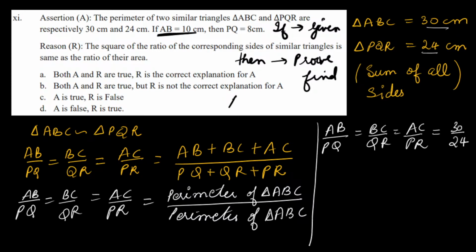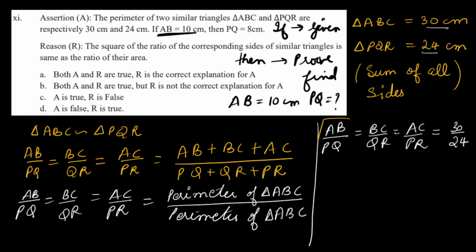So here AB's value is given to us as 10 centimeter, and we have to find the value of PQ. If PQ is equal to 8 centimeter, then this statement is true. So how to check?